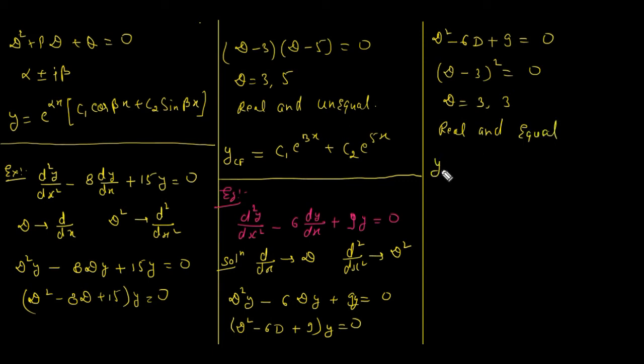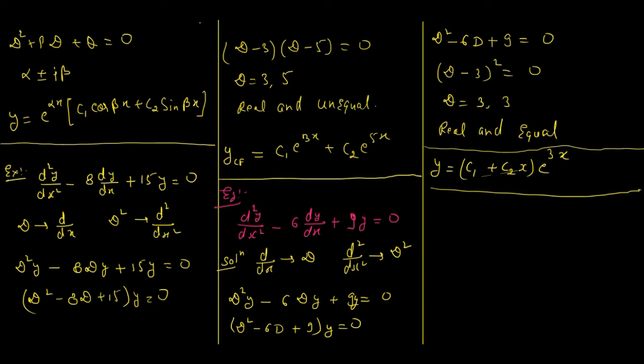So we will write y equal to c1 plus c2x e to the power 3x. I hope it is clear to everyone. Suppose anyone has any problem, he may write in the comment section.